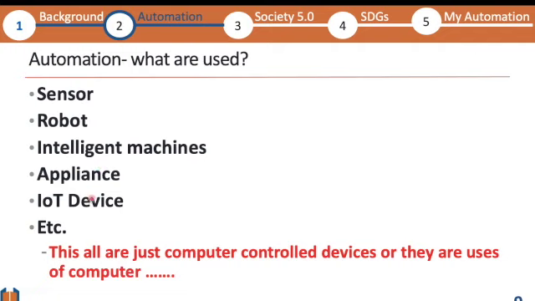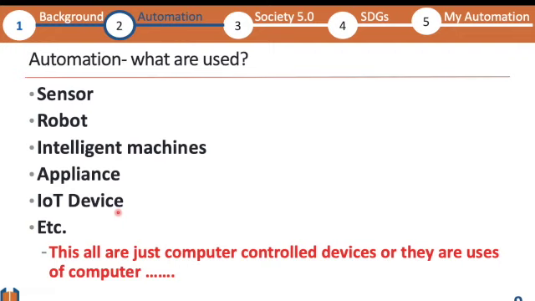But think deeply: these are all just computer-controlled devices, or they are uses of the computer. Whatever the device is, sensor, robot, intelligent machine, appliance, or IoT, all are either computer-controlled devices or uses of the computer.